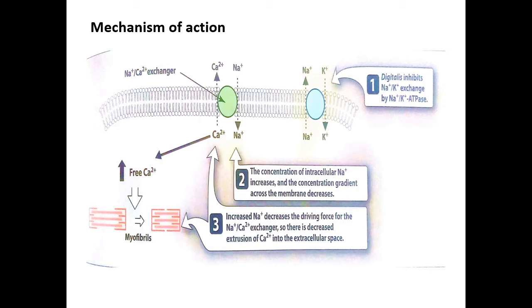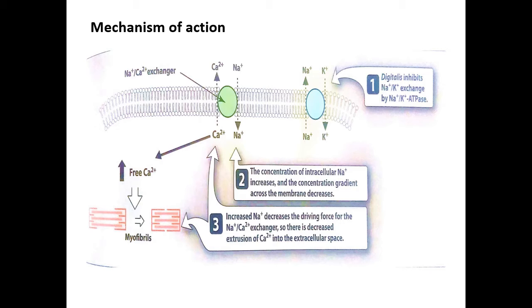That causes increased concentration of sodium ion inside the cell, and it brings down the concentration gradient for the sodium intake by the sodium calcium exchanger. So it ultimately brings down the outflow of calcium through the sodium calcium exchanger, as it is also an antiport type of system.